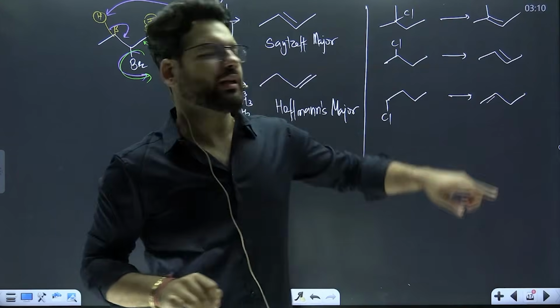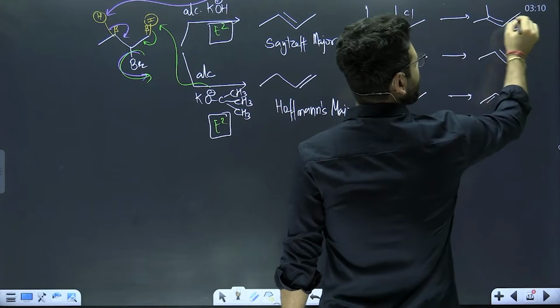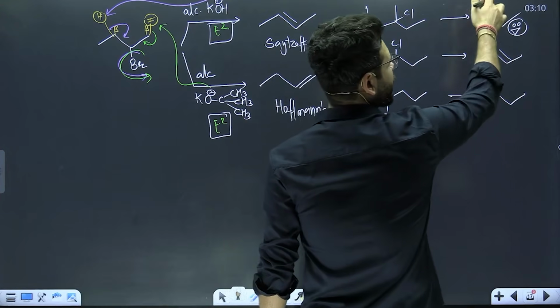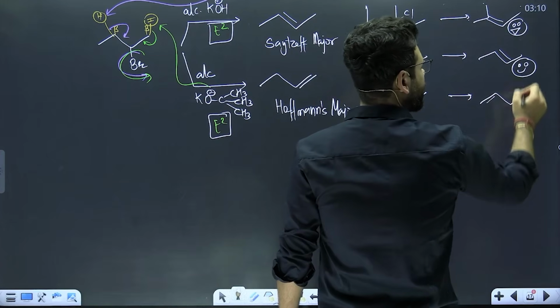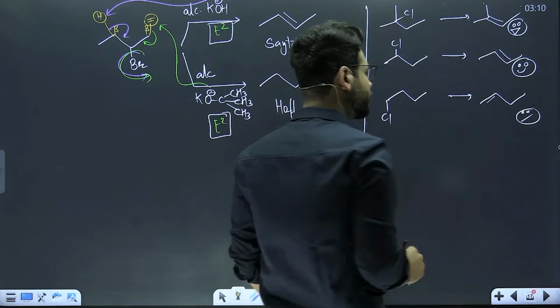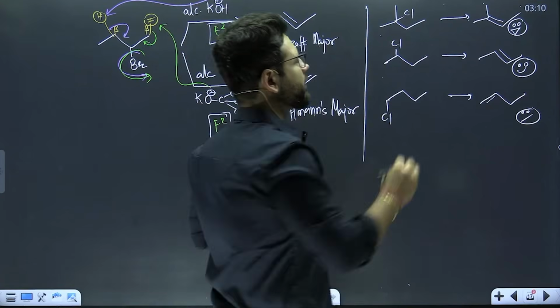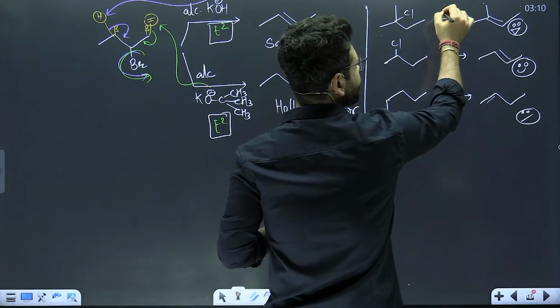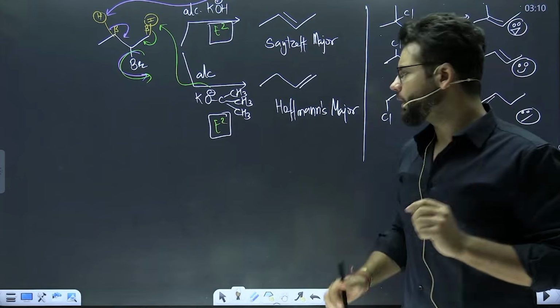As you can see, the first alkene is the most stable because of too much hyperconjugation, 3 alpha here, 3 here, 3 here. The second one is also good. The third one, not so great. So reactivity will be fastest for the tertiary, then secondary, then primary. This is the most reactive, this is the least reactive. Okay, this is about the E2 mechanism.